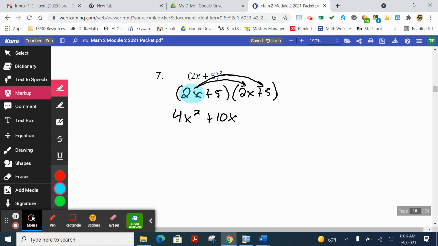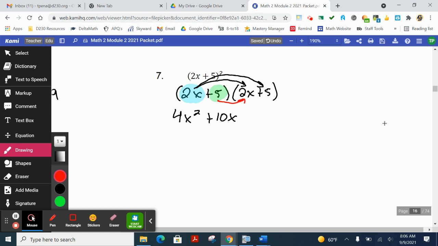Once we are done with that, then we've got to take 5, and that 5 is going to get distributed to each term in that second quantity. So from there, we're going to do 5 times 2x, so that's a 10 with an x attached to it. And then 5 times 5, which is a 25.